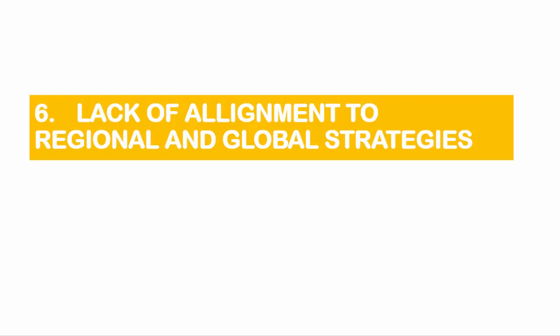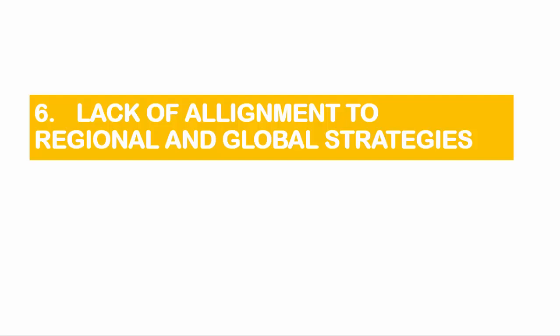Then another issue, which is not really a challenge, but it can happen, is the lack of alignment to regional and global strategies. Okay. So I talked about this. You've got the United Nations Sustainable Development Goals. It's good for your projects to be aligned to those global goals, because we are all feeding ultimately to a global agenda.